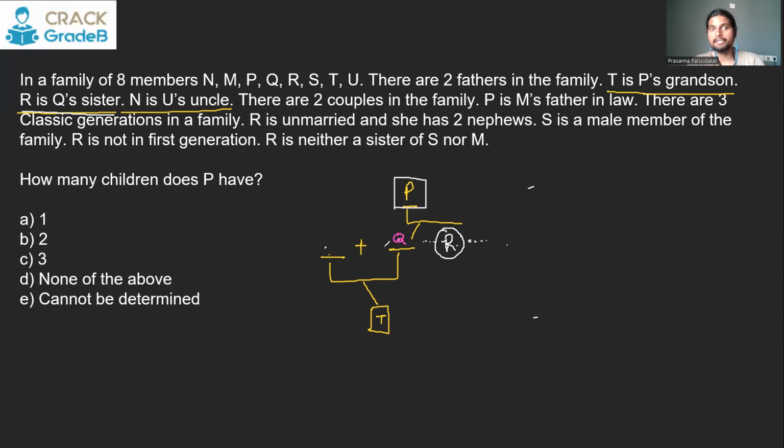N is U's uncle and R is neither sister of S. Let's say both the nephews of R belong to this family. Now we have to show N is U's uncle. So if I say this person is U, then N is going to be another person and it's going to be U's uncle. We can show it like this.